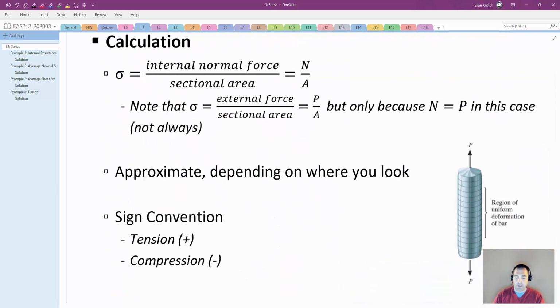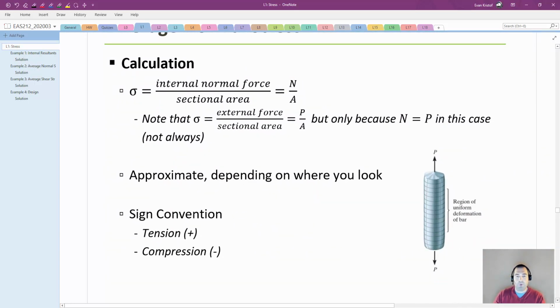And this is exactly what you see in here. Now, there are a couple of important points. Your book will often write down that sigma equals P divided by A. I really want you to drive the idea home that sigma equals N over A. Let's put a squiggle through that.